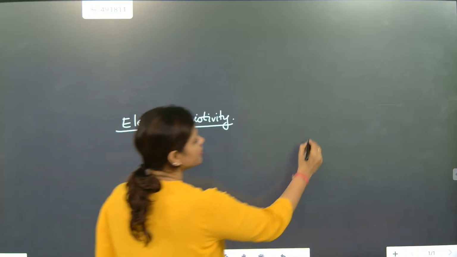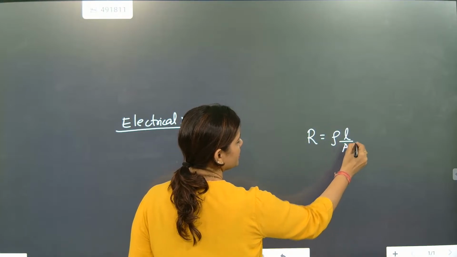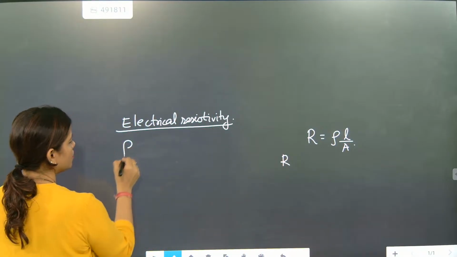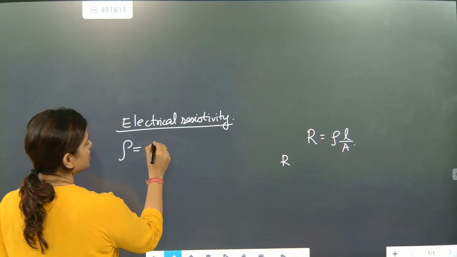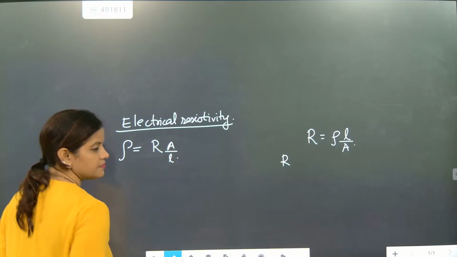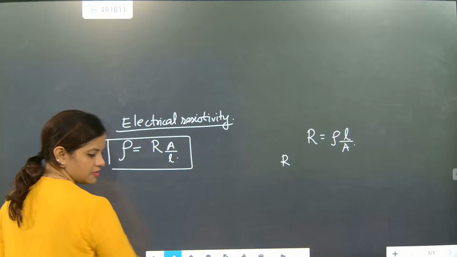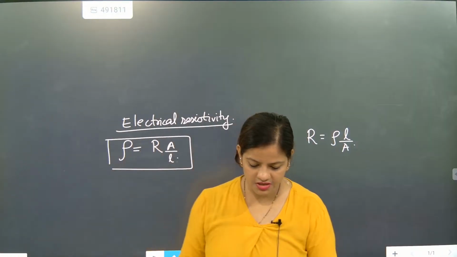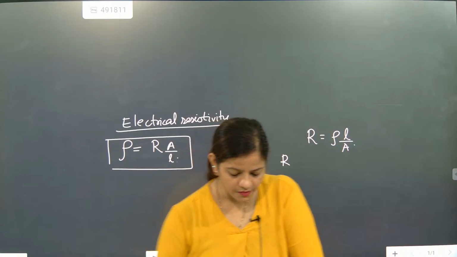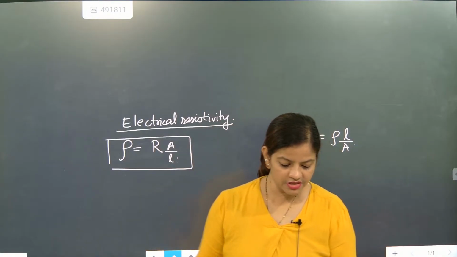See, first in rough we write R is equal to rho L by A. So we can write rho, that is resistivity, is equal to R A by L. This is resistivity. Got it? How are we going to respond for the resistivity answer, because they asked what is resistivity.